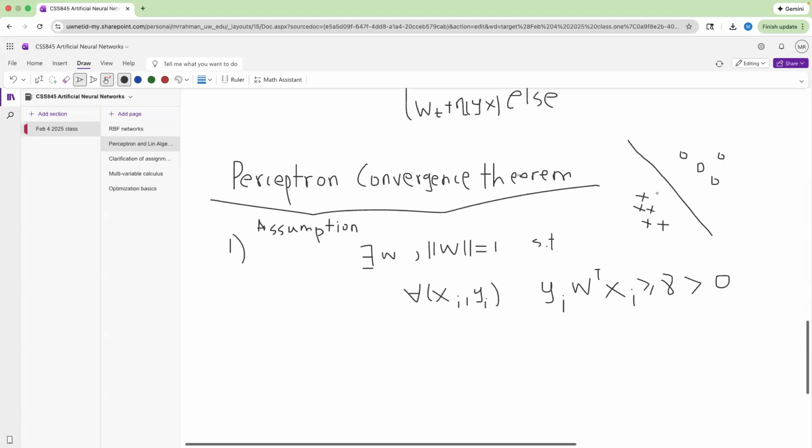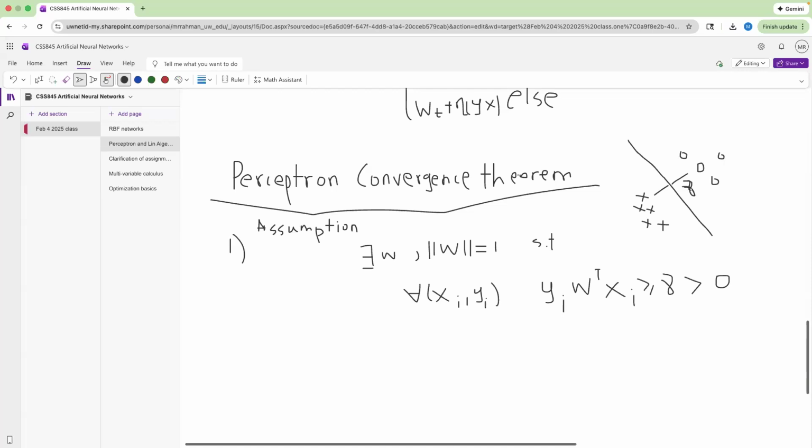And it also says that there is a separation between any point on one side and the line that we call gamma. Okay, this is the gamma that I'm saying.